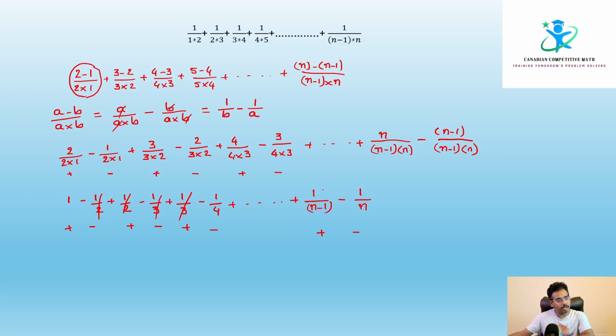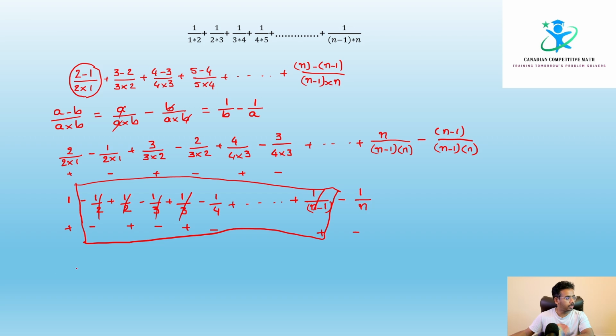Similarly, this 1 by (n minus 1) would be cancelled by the negative term in the preceding term. So all these in-between terms will cross off themselves. So the only thing left will be 1 from the very first one minus 1 by n, the very last one. This will become (n minus 1) by n.